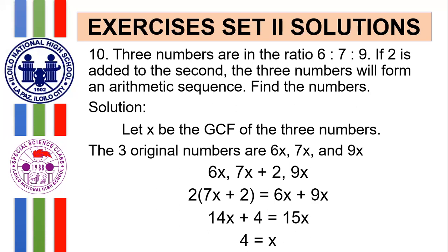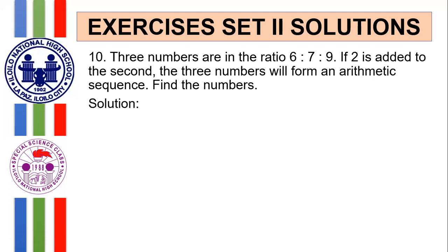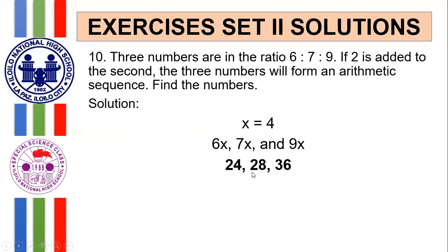If x is 4 for this case, we are looking for the original numbers, by the way. So we have to multiply 4 to each of 6, 7, and 9. 6 times 4 will be 24, 7 times 4 will be 28, 9 times 4 will be 36.